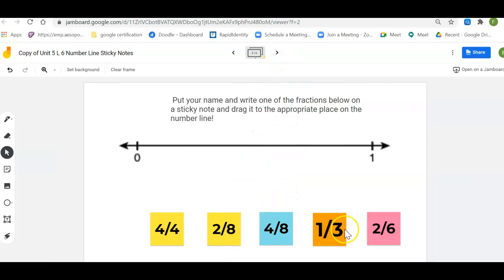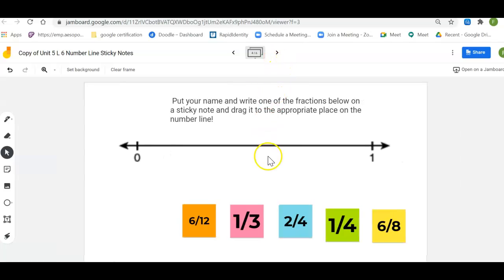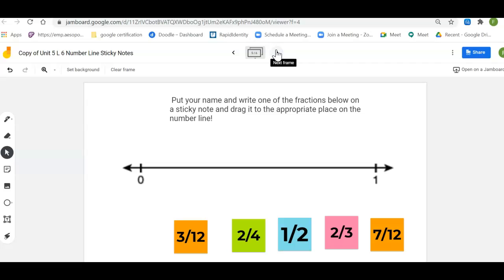And on the third one, you're going to choose a totally different fraction. Remember, put your name on the sticky note, and you can put it wherever. And once again, you're going to choose one of these on each Jamboard slide, but you're going to choose a different one each time. Put it on the number line to get an idea of where you think it should be.